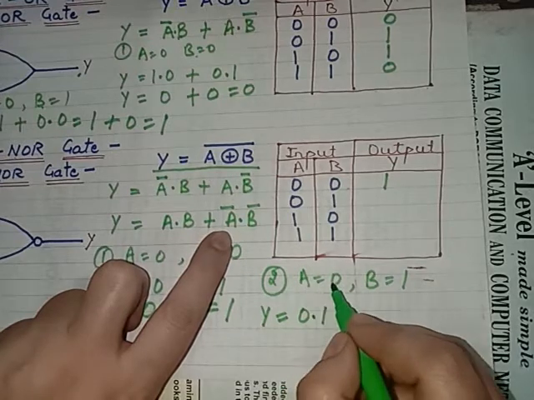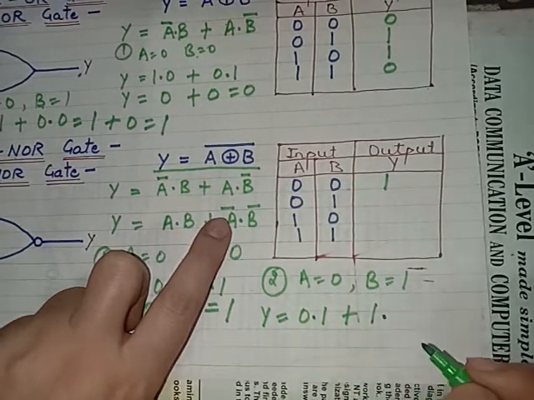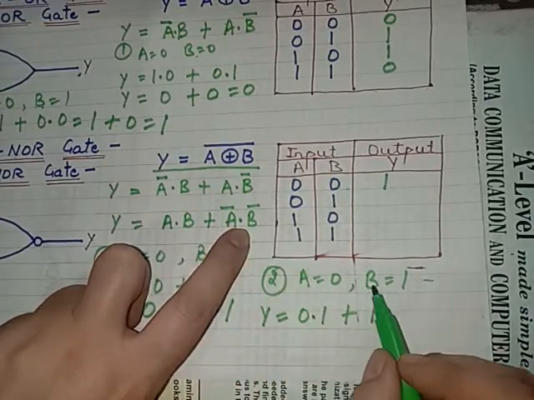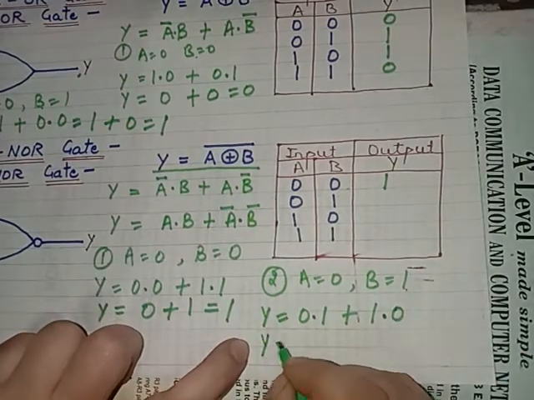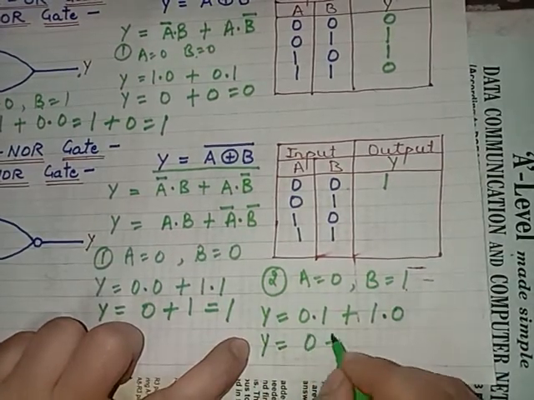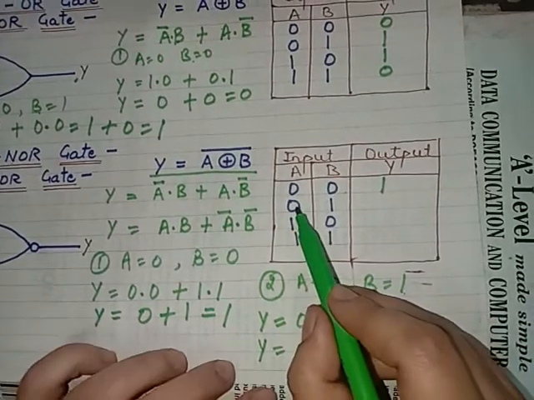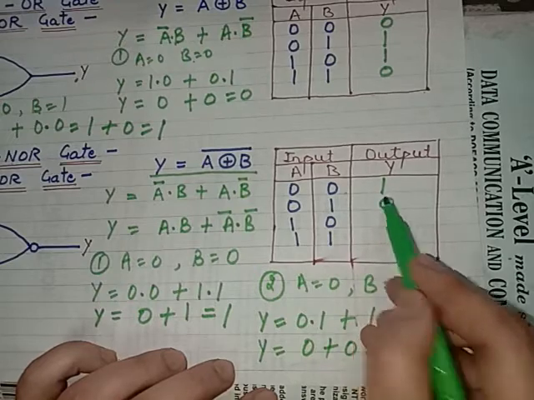Now A is 0, so A bar will be 1. B is 1, so B bar will be 0. So Y will be equal to 0 into 1 is 0 plus 1 into 0 is 0, which is equal to 0. So when A is equal to 0 and B is equal to 1, the final output will be 0.